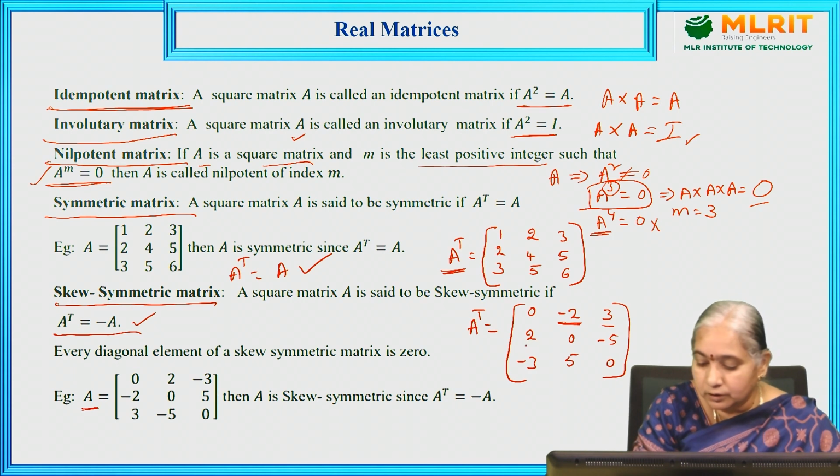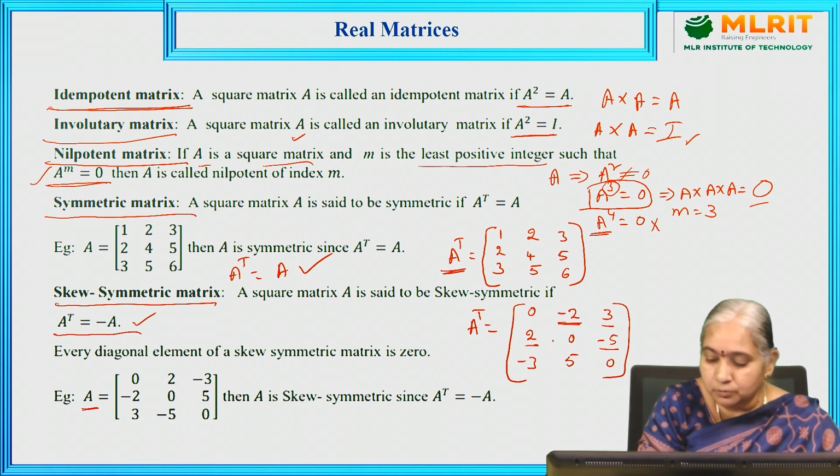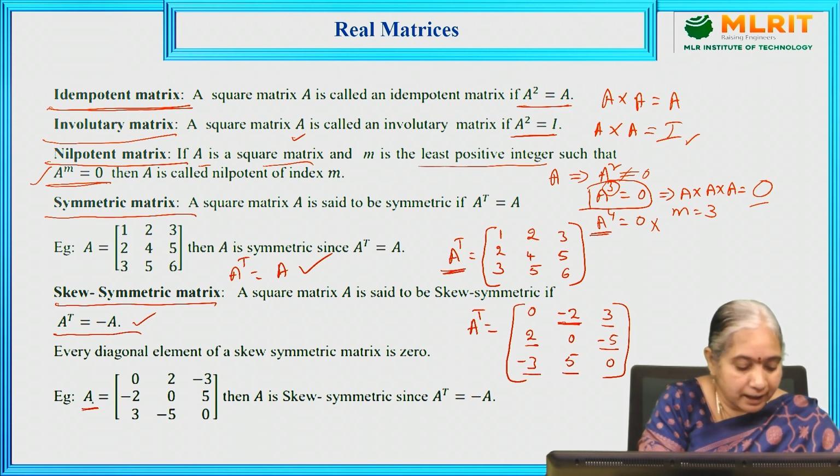Here in A transpose it is 2, 0, minus 5, that means the negative of the second row of A. Similarly, the third row elements are 3, minus 5, 0. In A transpose it is minus 3, 5, 0, which is the negative of the third row of A.